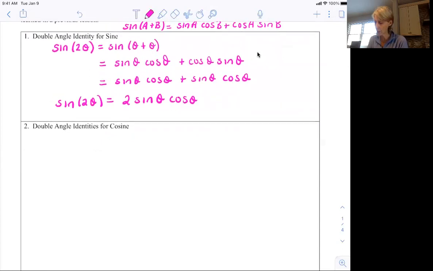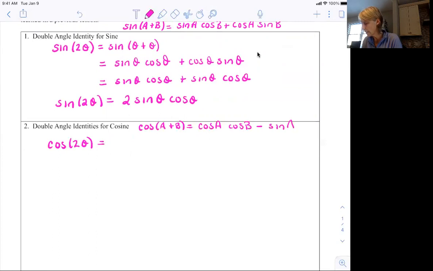Now let's do the same for the cosine. So cosine 2 theta is equal to, and if we recall our cosine formula, this one is cos A, cos B, minus sine A, sine B. And we're just going to rewrite cosine 2 theta again as theta plus theta, and then substitute it into our formula.